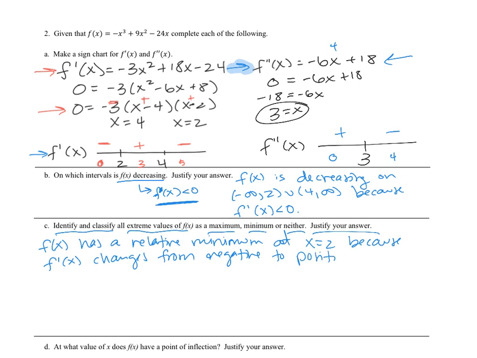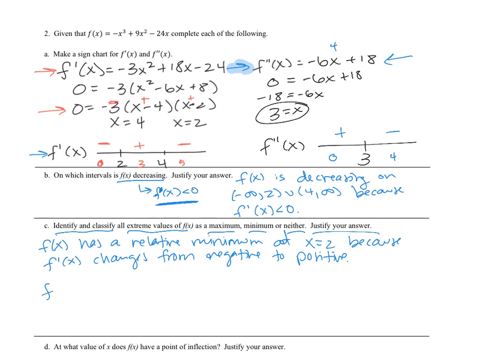Now, some of you might want to say because the slopes of the tangent lines to f change from negative to positive, but you don't want to say because the slopes of f prime, that would be the second derivative, and that would not be true. So that's why I keep it simple, because f prime changes from negative to positive, and f prime are the slopes of the tangent lines to f, okay?